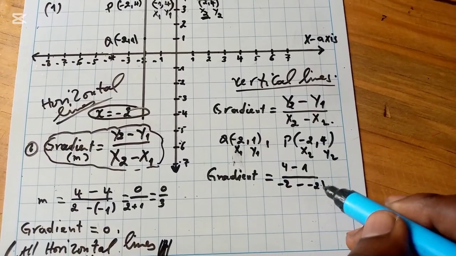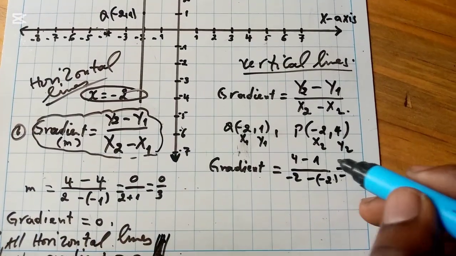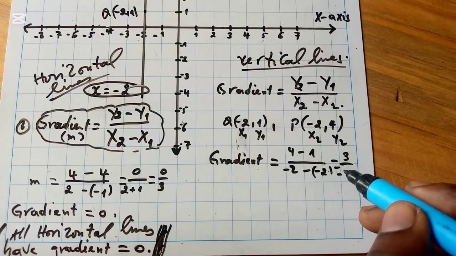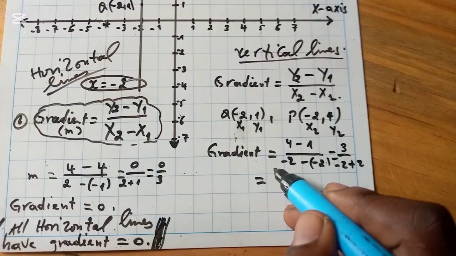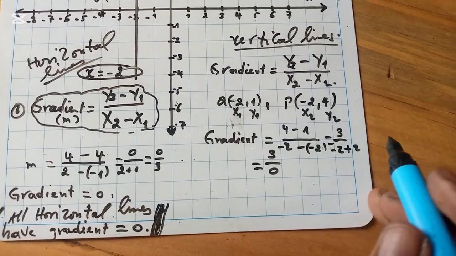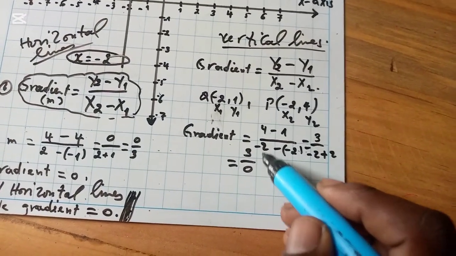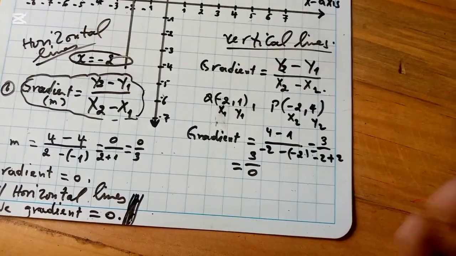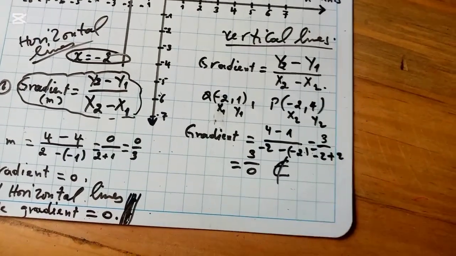This is equal to 3 divided by negative 2 plus 2, which is 3 divided by 0. Using the calculator, 3 divided by 0 shows an error. It means it does not exist. So the gradient doesn't exist.